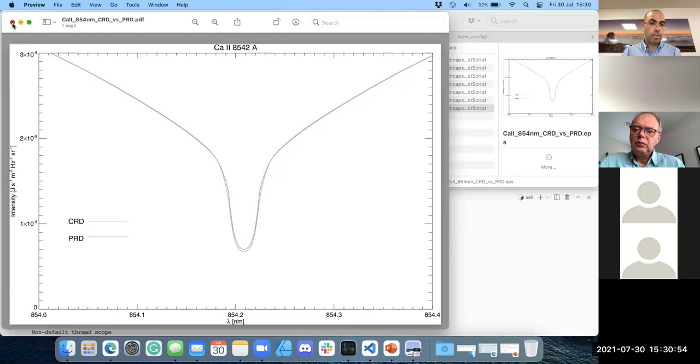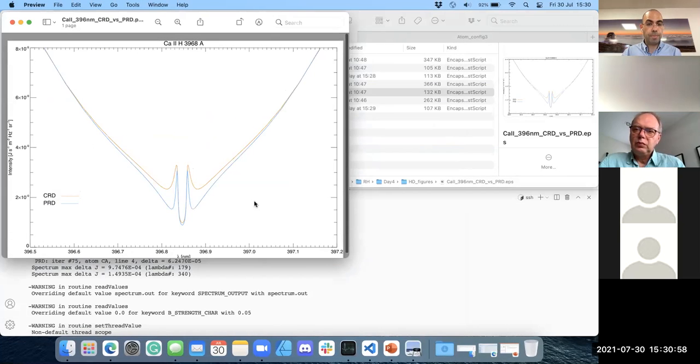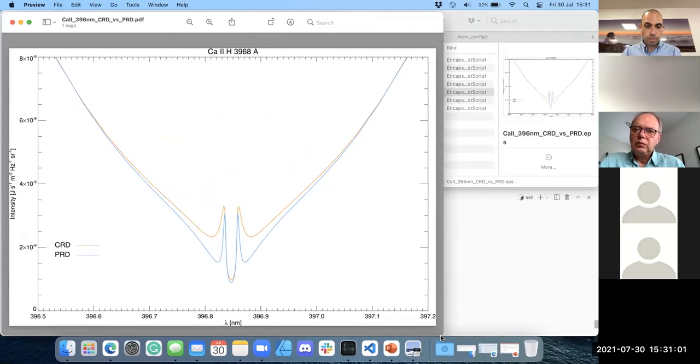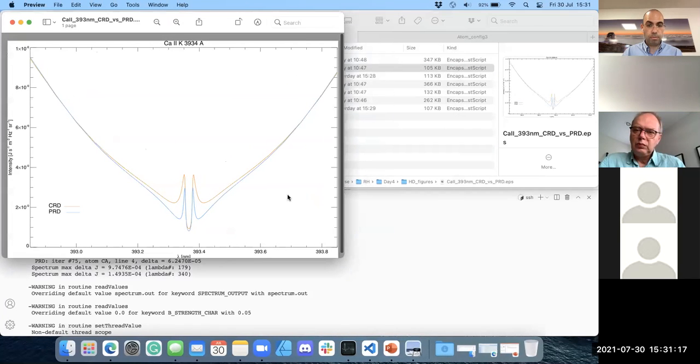And the reason is that if we do the same for calcium H, you can see that there's also a small difference between the PRD and CRD computation in the core, but then there's a much larger difference in the inner wings, okay? And then we have the same for calcium K, okay?